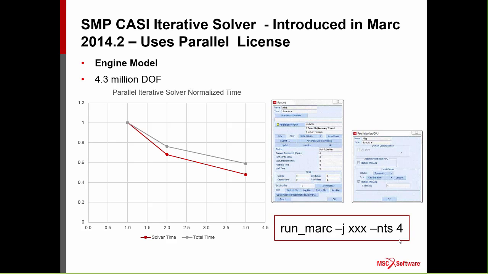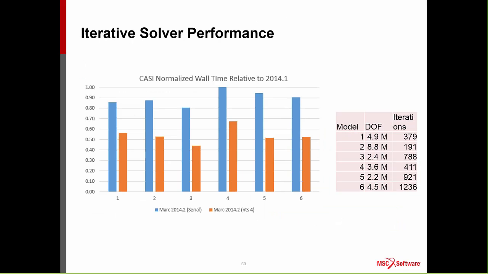The other thing that was introduced in Marc 2014.2 was the Adams-Marc co-simulation, which is a very general and very powerful capability, but I don't really have the time to talk about it here. As we see, another feature is the improvements to the parallel iterative solver.